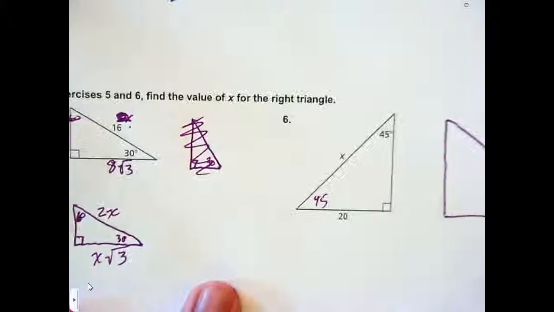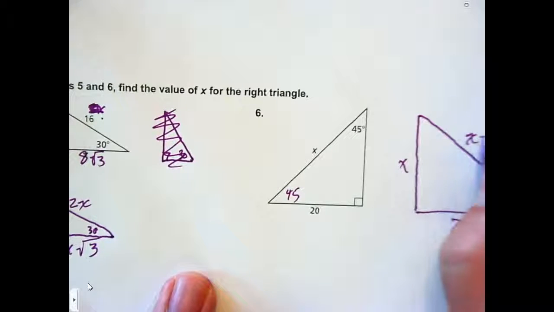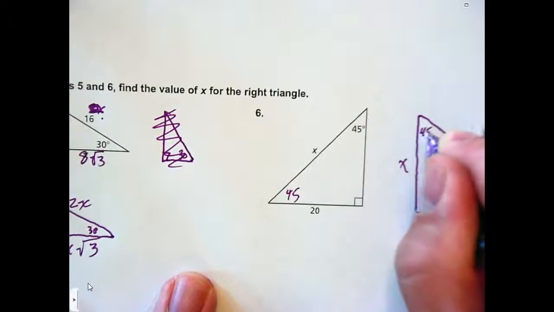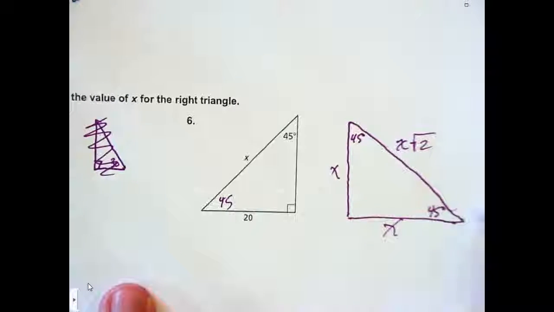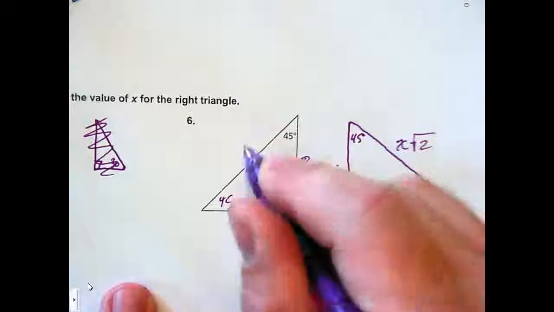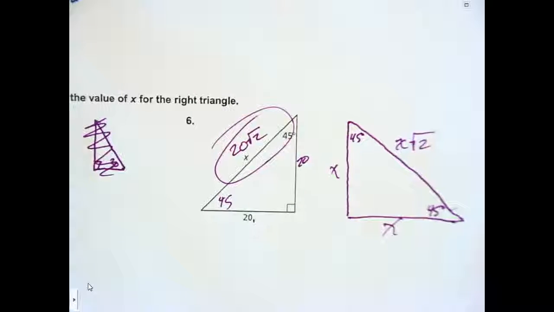That's really not an amazing picture, but x, x, and x root 2. Still off the screen. All right, so if this is 20, this is 20, and this is 20 root 2. Recognize them. It'll save you a lot of time.